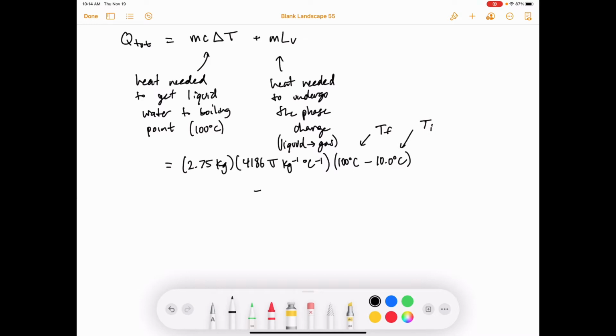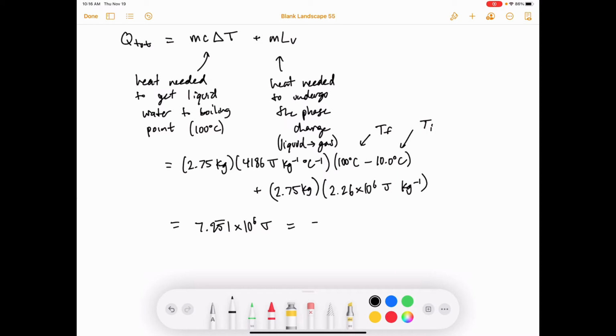And then again, we're going to add that to 2.75 kilograms, that's the mass, once again, times LV, the latent heat of vaporization, which is 2.26 times 10 to the 6th power joules per kilogram. And so if you crunch those numbers, what you're going to get is 7.251 times 10 to the 6 joules, but we'll want to round that to 3 sig figs.